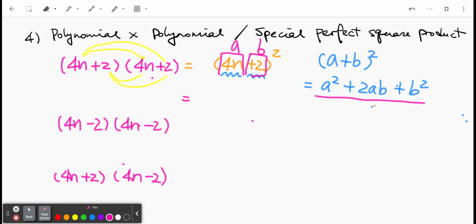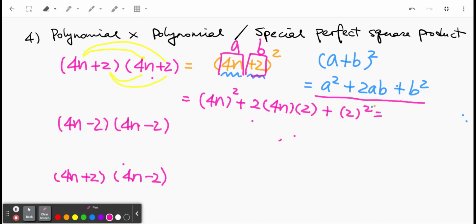So a plus b squared is a squared, so 4n squared, plus 2ab, 2 times the a, 4n, times b, which is positive 2, plus b squared, which is 2 squared.